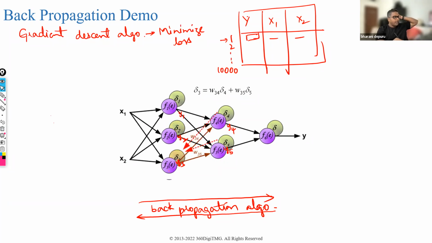Again, F3 will say, I gave you inputs. W34 to you, W35 to F5. So W35 into this, W34 into this, plus W35 into this, take back as penalty.